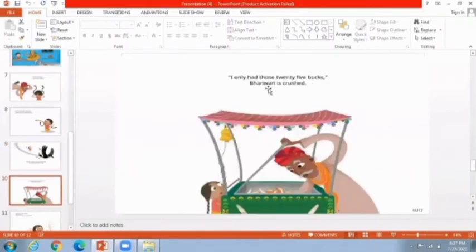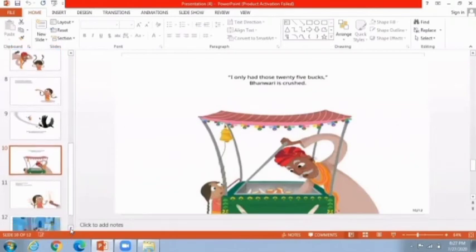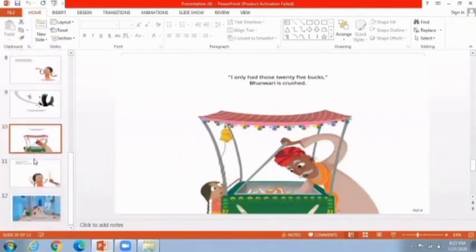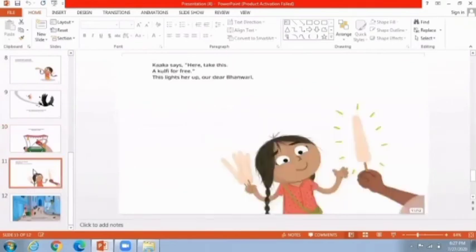Had those 25 bucks. Bhavri is crushed, very sad. Now this is the climax of the story. Now we feel that Bhavri becomes quite sad. She becomes quite disappointed. She feels broken, okay? Because she had only 25 bucks. Bucks here means rupees. Kaka says, "Here, take this, a kulfi for free."